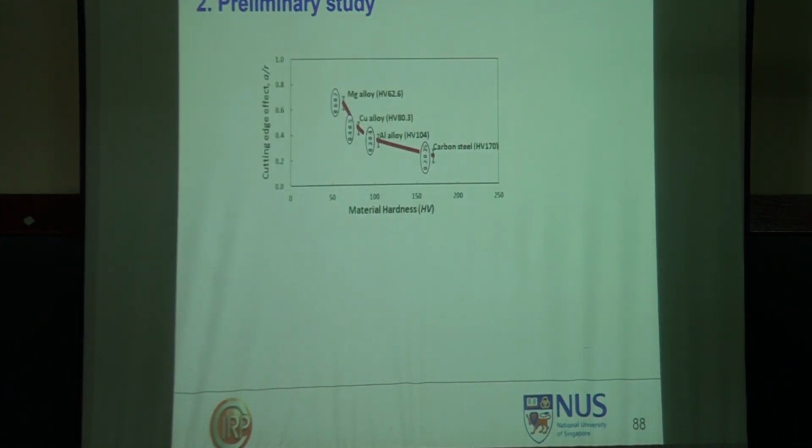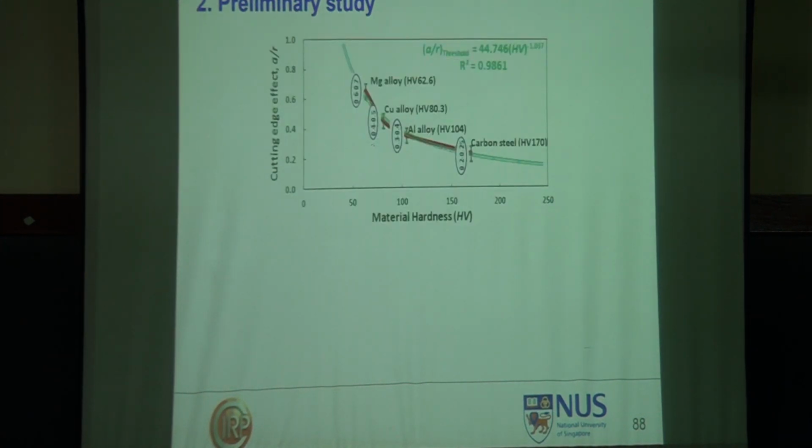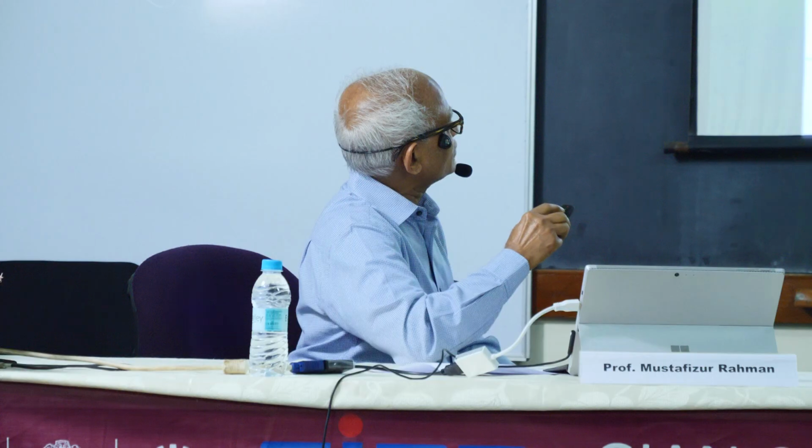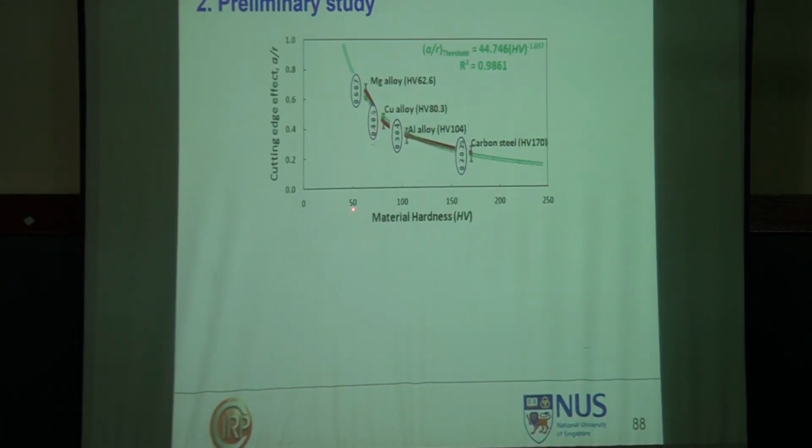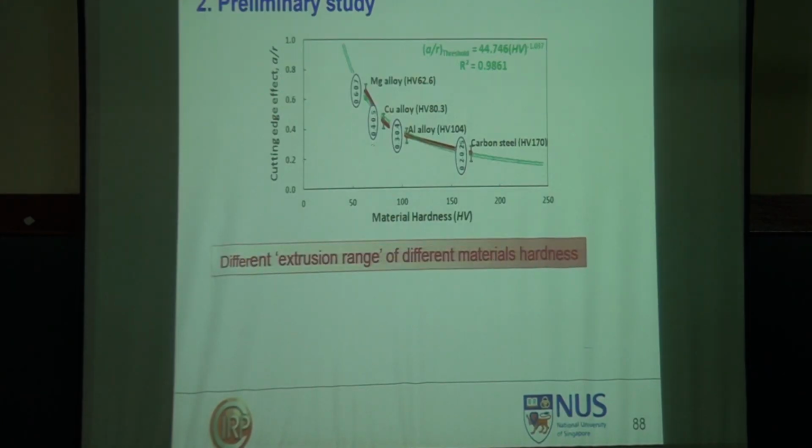Then something new he needs to do. So cutting edge related effect, material hardness established, correct? Starting from magnesium, and then copper, then aluminum alloy, then steel, which has been established. So he didn't do an experiment on it, he included this to make the graph look nicer.